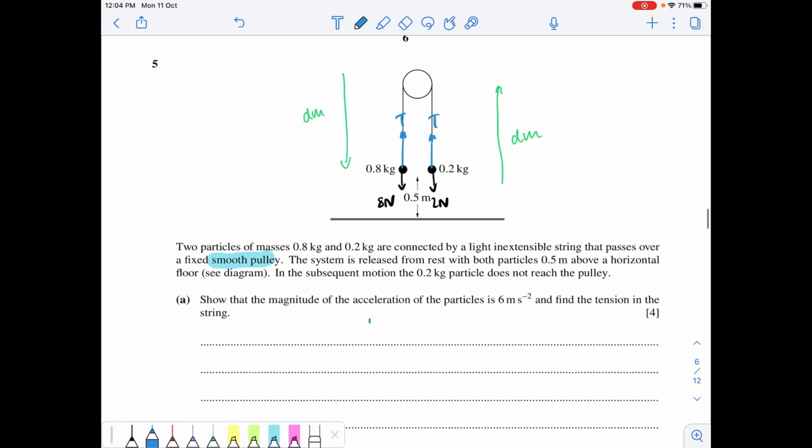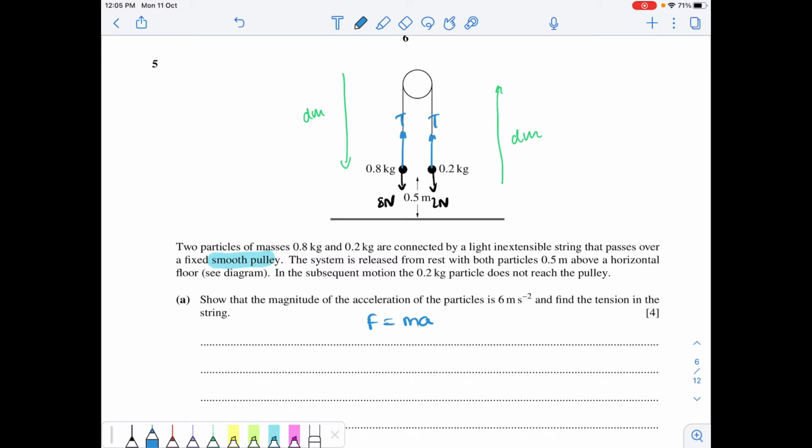So, using Newton's second law of force equals mass times acceleration, we're going to look at the two components separately. Because they're moving in two different directions, we can't consider the net force as a whole system because the particles are not moving in the same direction. So we'll look at each component separately.